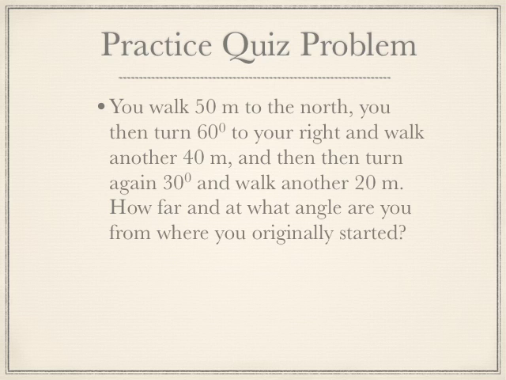This difficult problem can be analyzed by drawing displacement vectors and breaking those vectors into components and adding the components to find the overall displacement or net displacement vector and what angle it points from our horizontal or x direction.